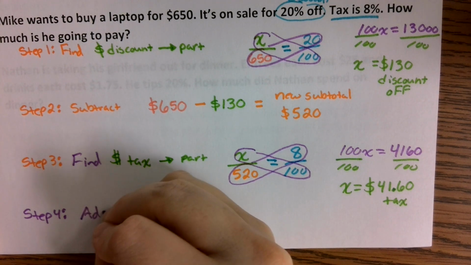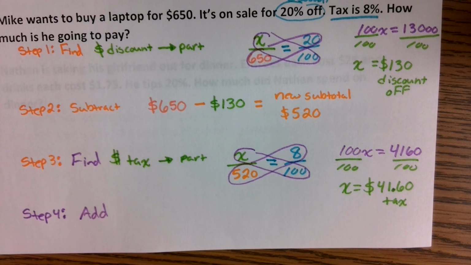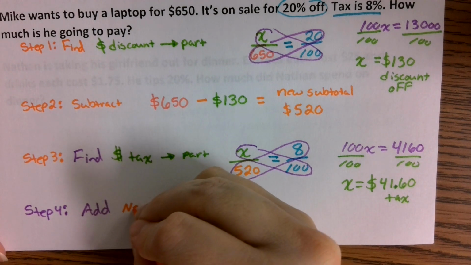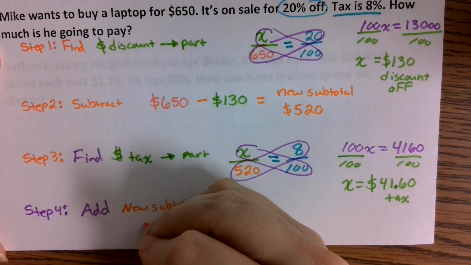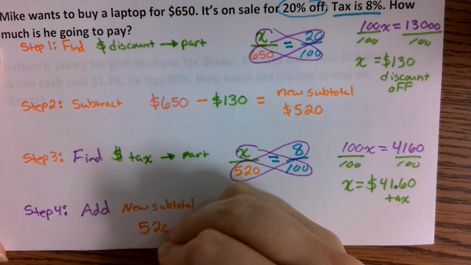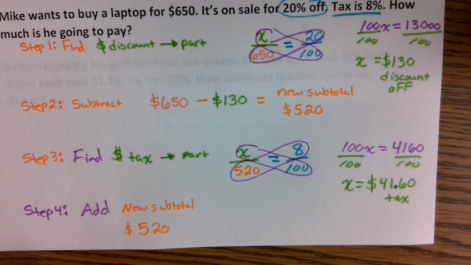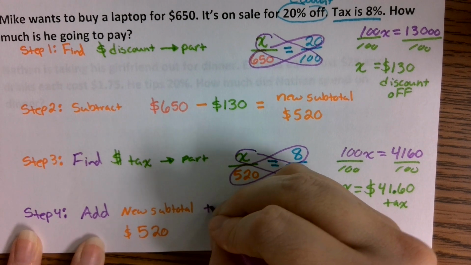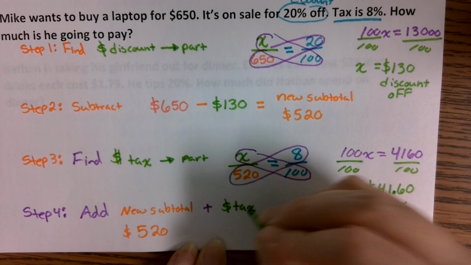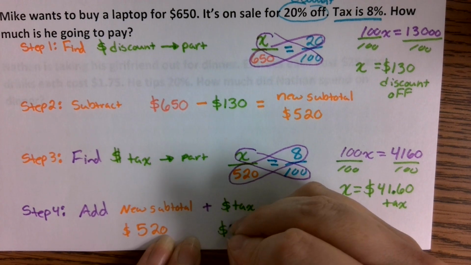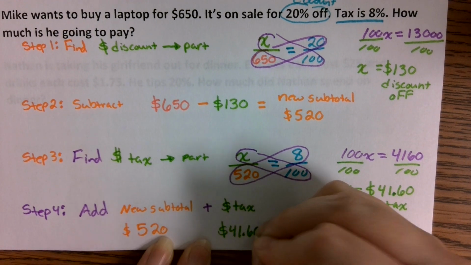You're going to add that new subtotal, which was 520, plus the tax, which was $41.60.